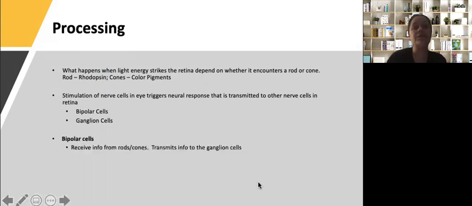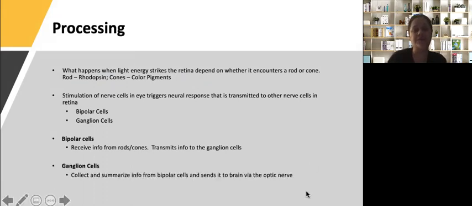So the bipolar cells receive information from the rods and cones and then transmit this information to the ganglion cells. And then the ganglion cells collect this information and send it to the brain through the optic nerve. So you have this multi-step process happening as the light is entering the eye.